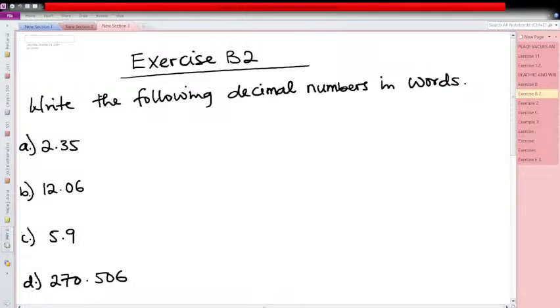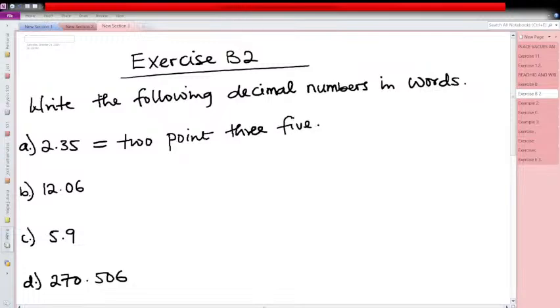Exercise 8.2. Now we have to write the following decimal numbers in words. Okay, write the following decimal numbers in words. I'm going to do that for A, then you do the same for B and others. This is said to be 2.35.